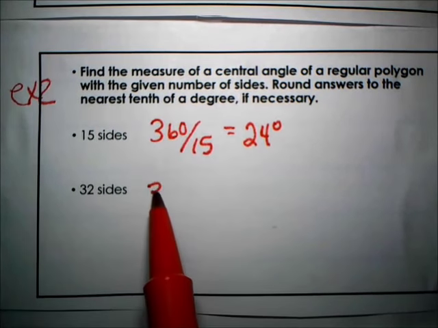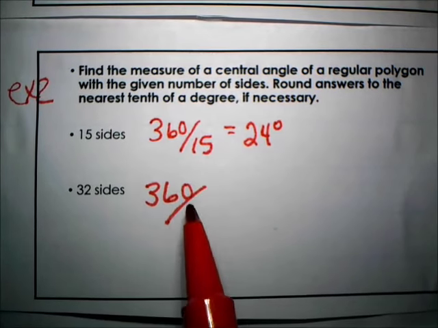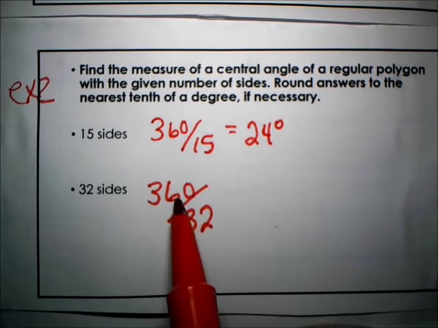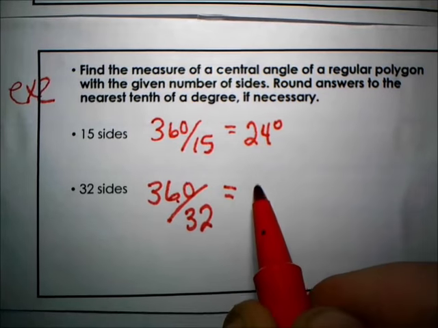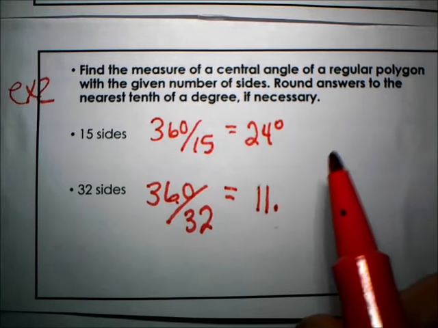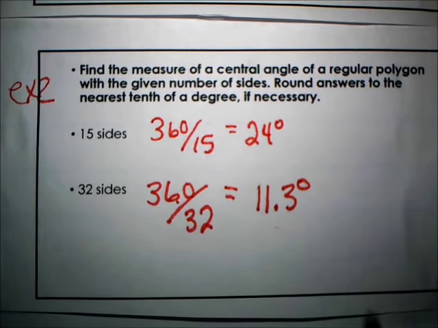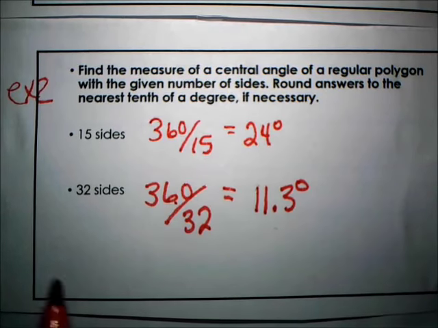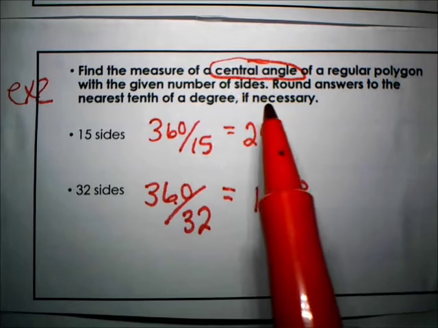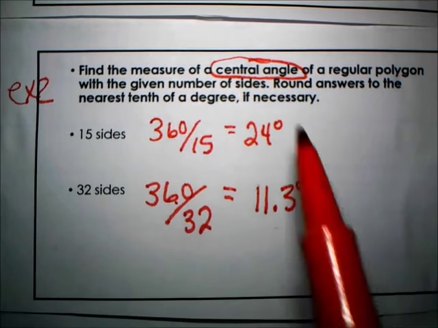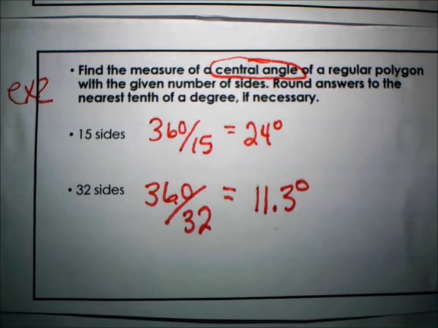If I take the 32 sides, so I take 360 divided by 32, and when I do that calculation I get 11.25, so that rounds to 11.3 degrees. And that's always how you find the central angle of that shape, is do 360 divided by the number of sides.